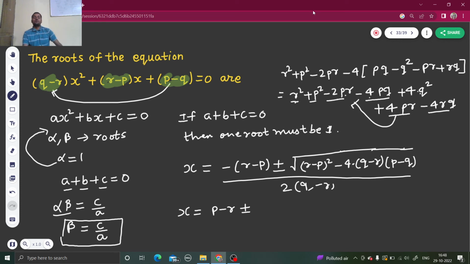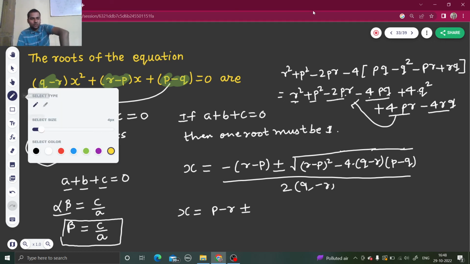So this will give you a plus b plus c. A is the coefficient of x square, b is the coefficient of x, c is the constant term. Their sum is 0. That means one root is 1.